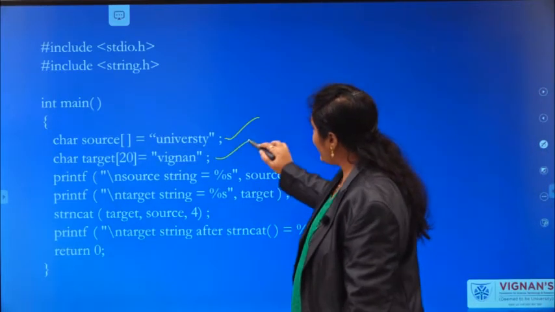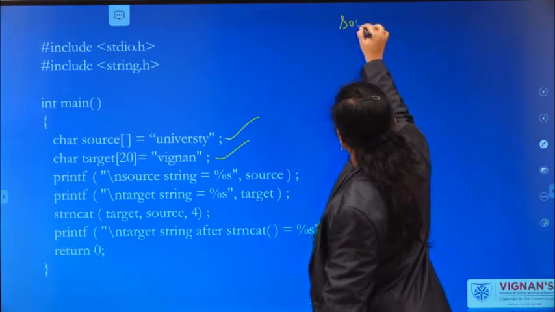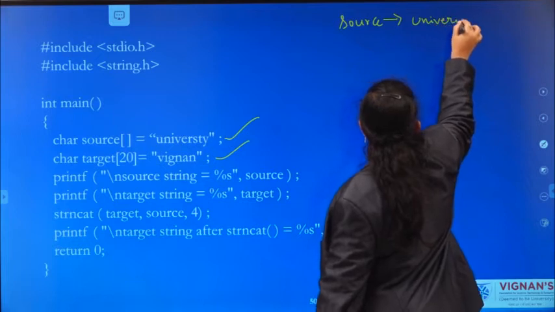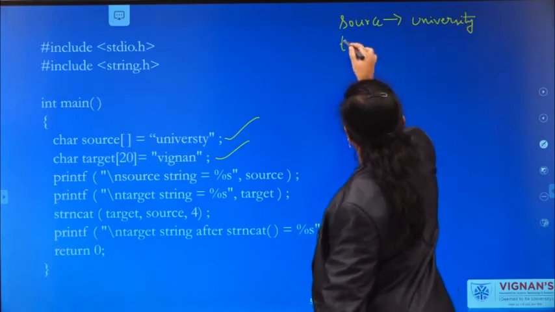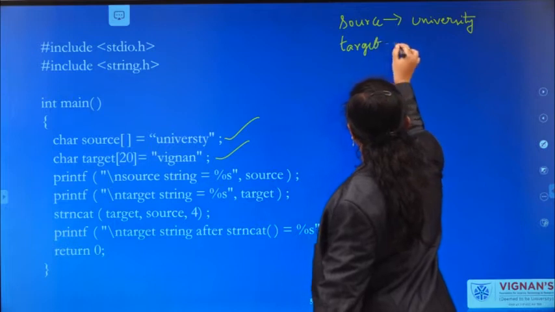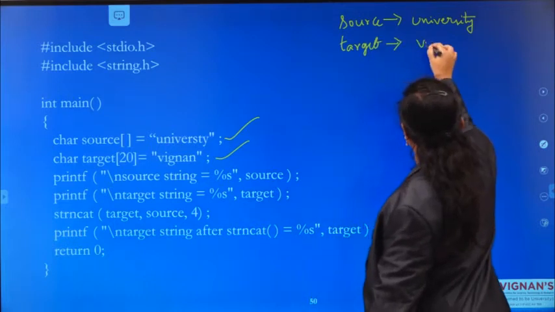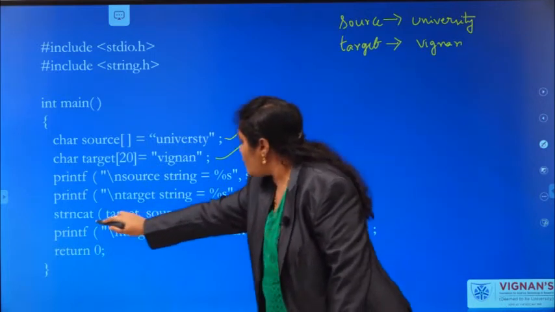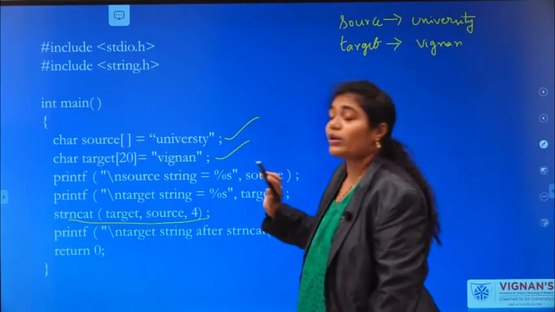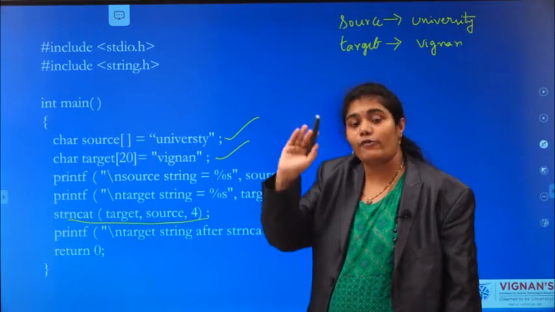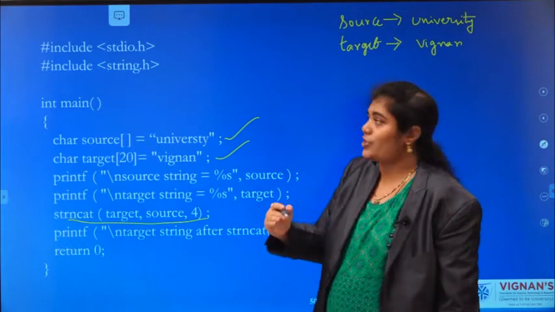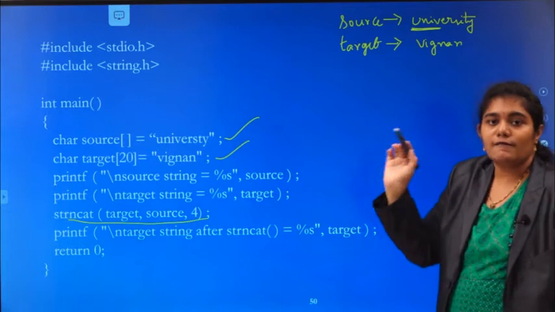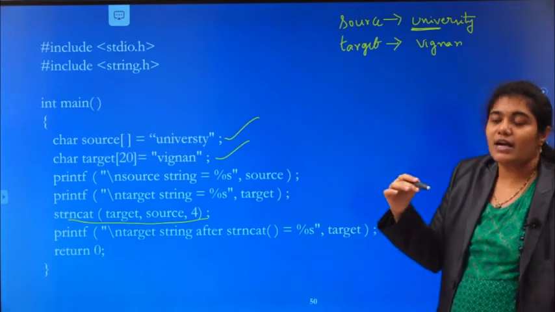Source is university, target is right now Vignan, and we are going to concatenate only 4 characters from source to destination. So how many characters? UNIV. Up to UNIV we are going to concatenate into the destination.